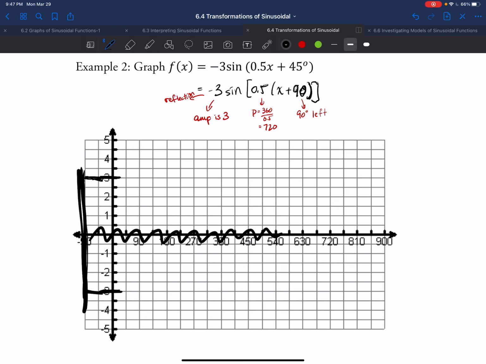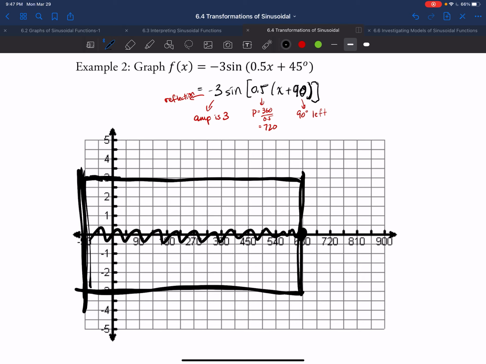Well, I'm not going to end up at 720. That would be if I didn't do any horizontal translations, if I didn't have a phase shift of 90 degrees to the left. So because of that, I'm not going to end at 720, I'm going to end at 630. So my function, or one cycle of it anyway, is going to exist within this box.